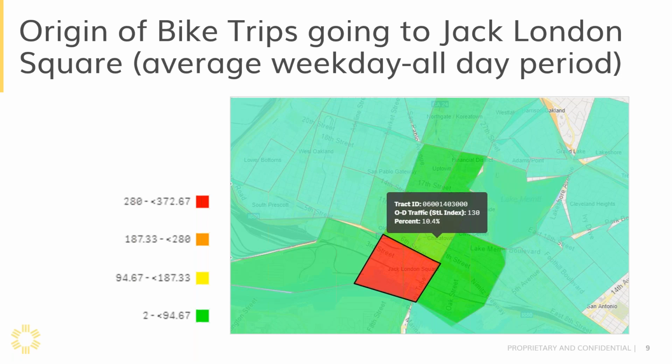There's a lot of restaurants and cool things to do in Jack London Square, so that would be expected. And so you get to see that from sort of a larger view of the city rather than just putting counters out at a particular location and really get a glimpse of how everyone is moving.